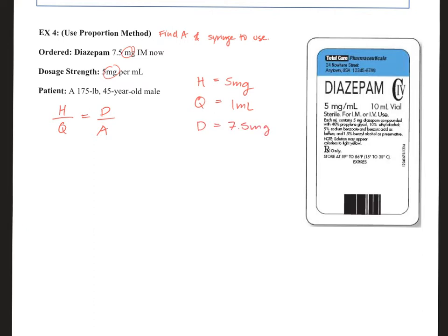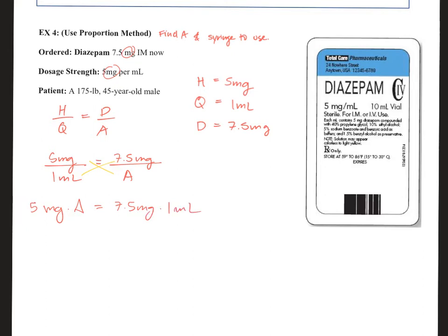So plugging that in, we have 5 milligrams over 1 milliliter equal to 7.5 milligrams over A. Okay, we can cross multiply to solve, and we'll get 5 milligrams times administration, and then 7.5 milligrams times 1 milliliter.